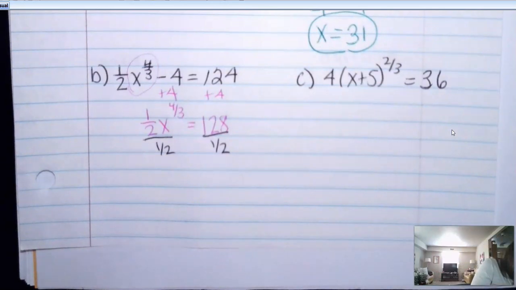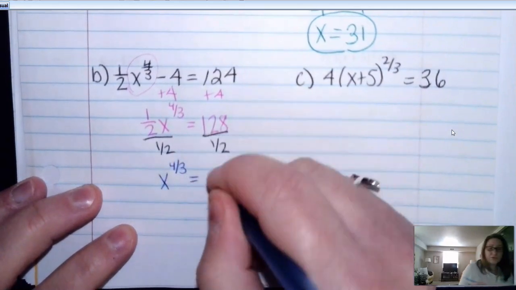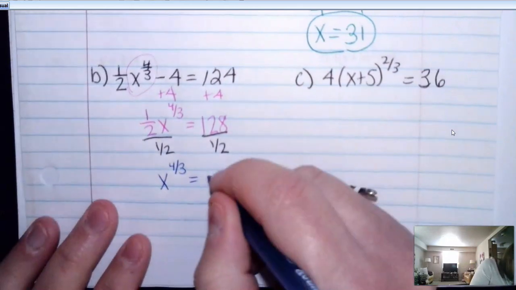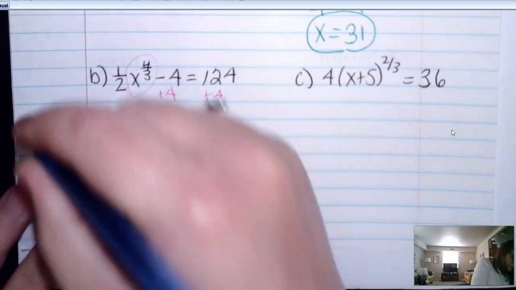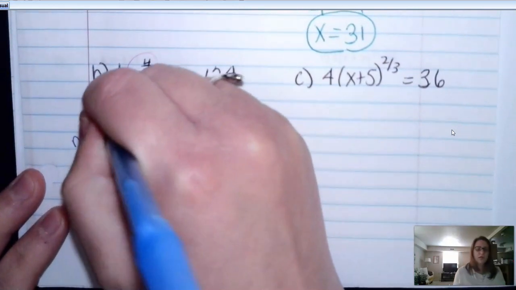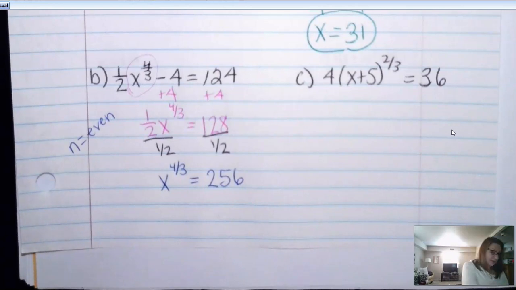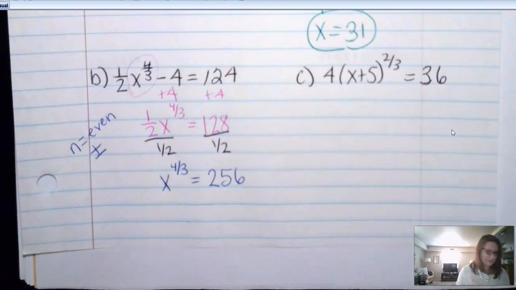This is going to end up being x to the 4/3, and then 128 divided by 1/2 or multiplied by 2 is 256. Okay, now for this question, the numerator is even. So when I take both sides to the reciprocal power there, I'm going to end up taking a 4th root. Anytime you take an even root, you got to put a plus and minus symbol. So I'm going to keep that in mind when I'm doing this part of the problem.